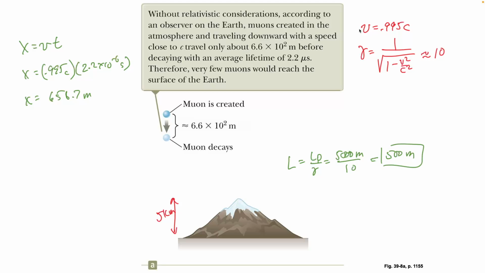So the mu meson, which in its own frame of reference only exists for 2.2 times 10 to the minus 6 seconds, doesn't see a 5 kilometer distance, it sees a 500 meter distance. And it knows, well, I can go 656.7 meters before adios. So can it make it?